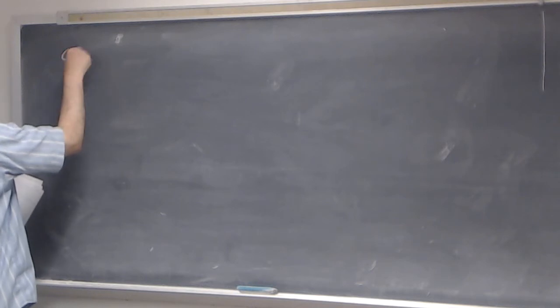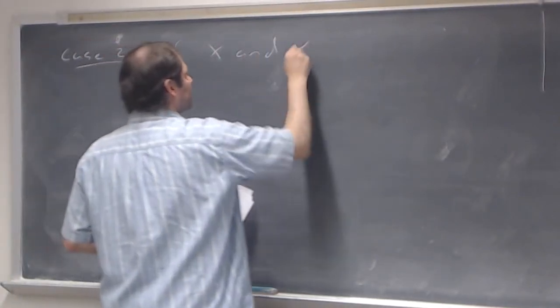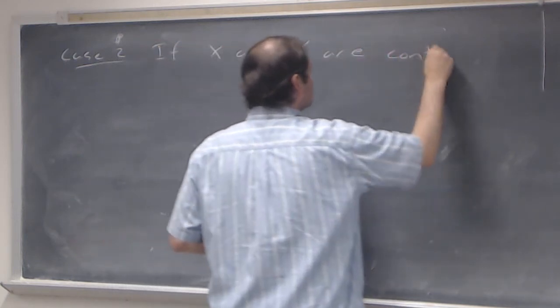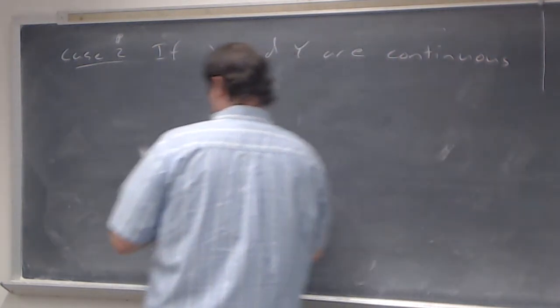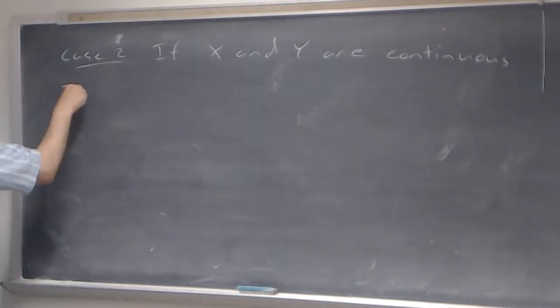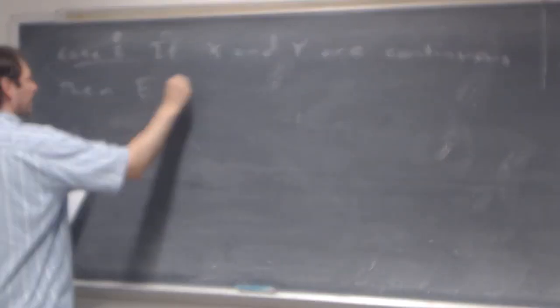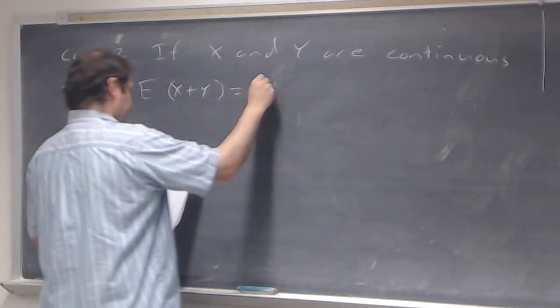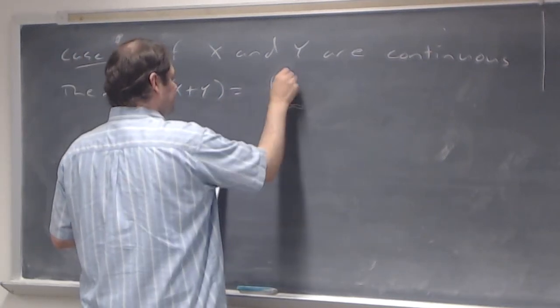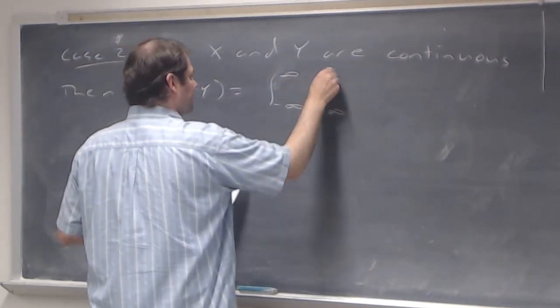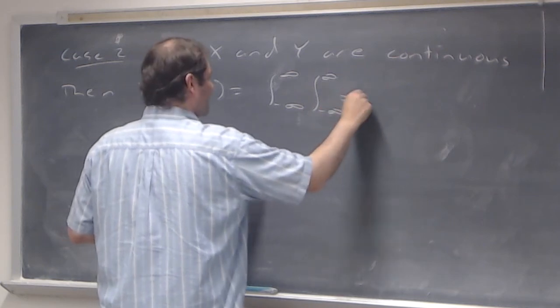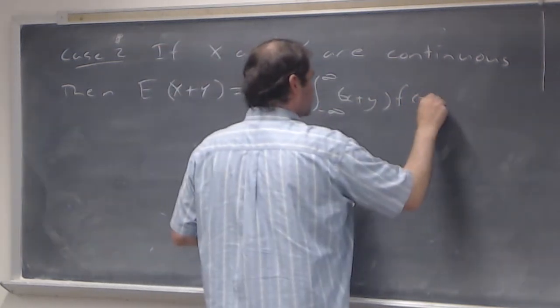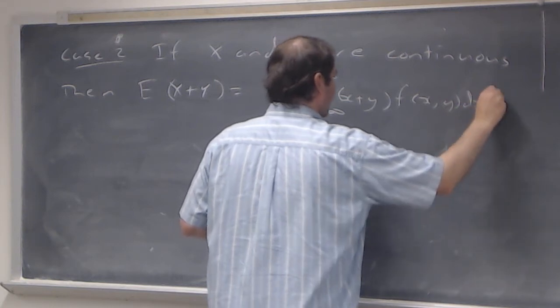So case 2. If x and y are continuous, then the expected value of x plus y is equal to the integral from minus infinity to infinity, the integral from minus infinity to infinity, of x plus y, f of x comma y, dx dy.